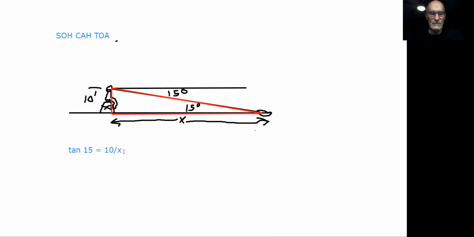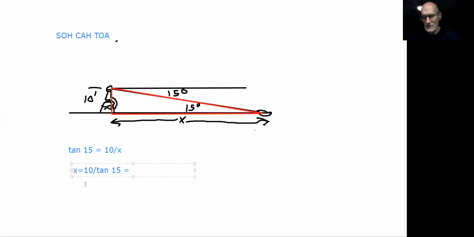If you multiply both sides by x and divide both sides by tangent 15, you get x equals 10 divided by the tangent of 15 degrees. Put that in your calculator, making sure that you're in degree mode.